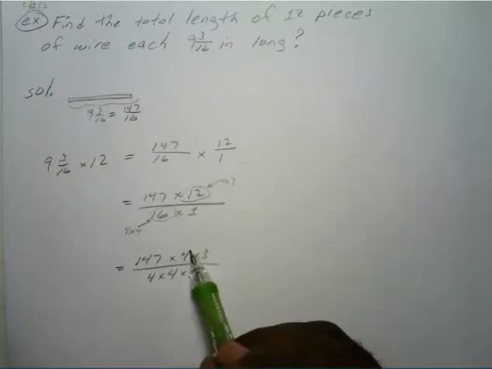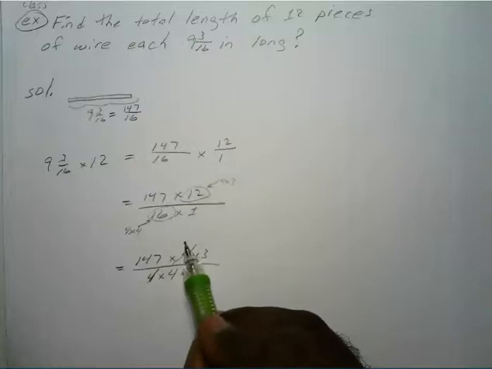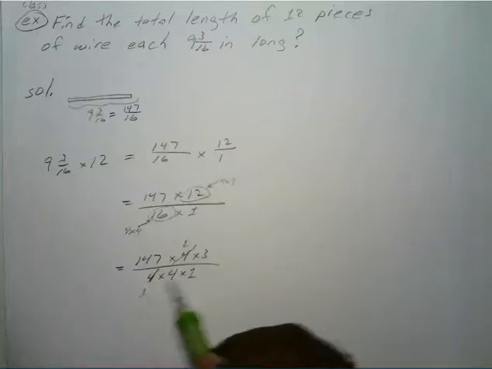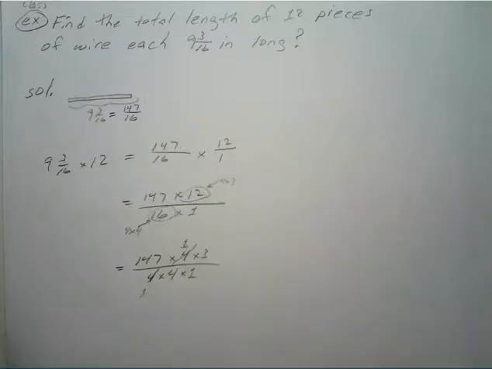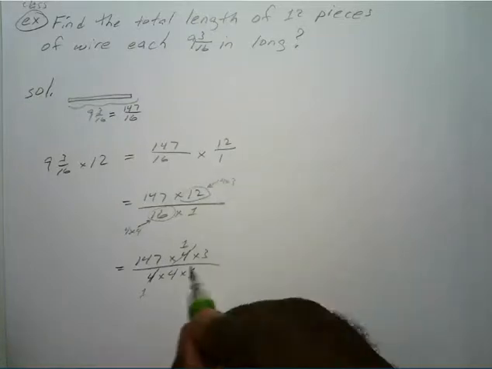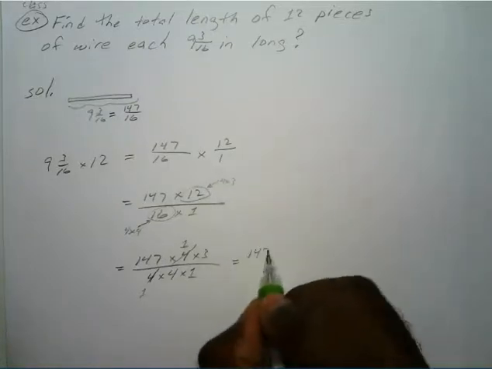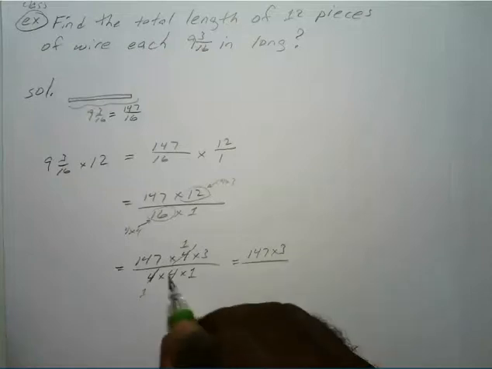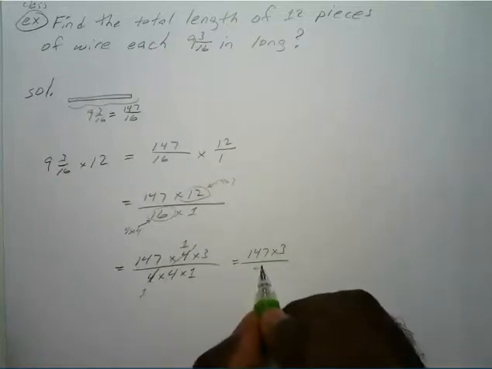We see we have a 4 here and a 4 here that cancel out. It doesn't matter which 4 you cancel out, and they become 1. So you end up with 147 times 3, which is a lot easier to deal with than 147 times 12. That's over 1 times 4 times 1, which is just 4.